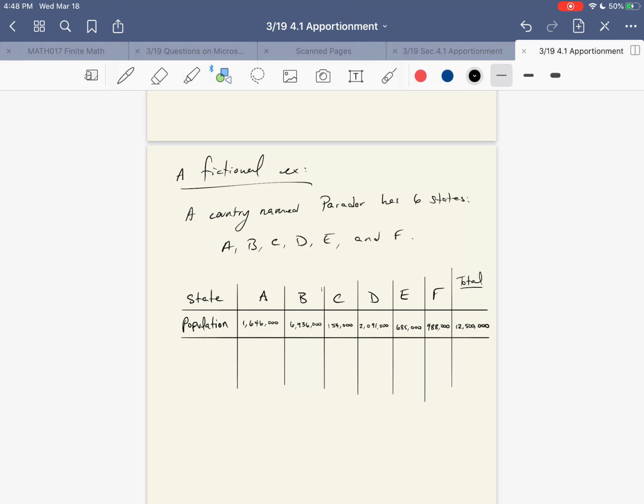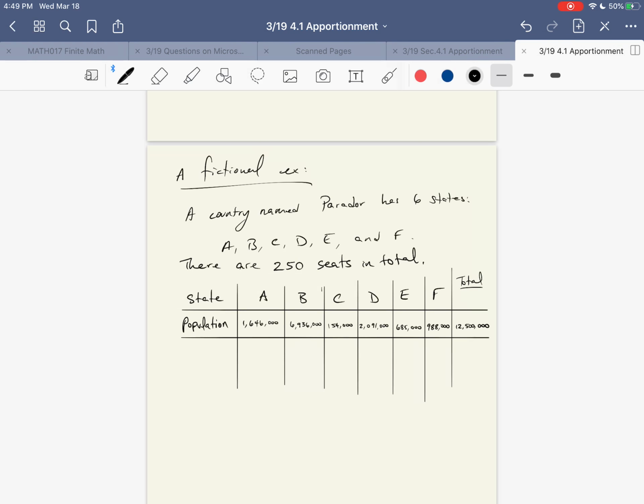So, your book says that there are 250 seats in total.